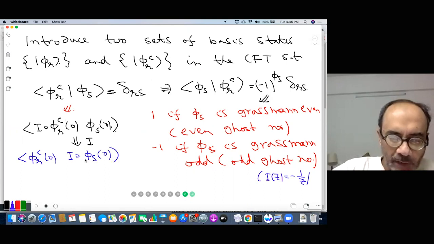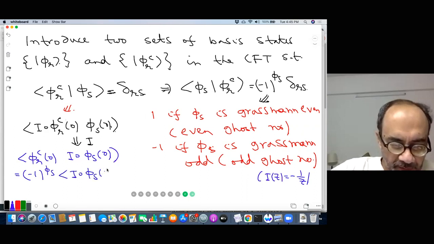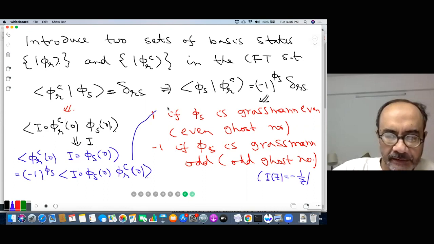And all you have to do now is exchange the positions inside the time ordering. Of course, exchanging position is not a problem inside time ordering, but if this is Grassmann odd, it becomes a minus sign. So this will be minus 1 to the phi s times I dot phi s of 0, phi rc of 0. And that's exactly this. That's the way this follows from this.